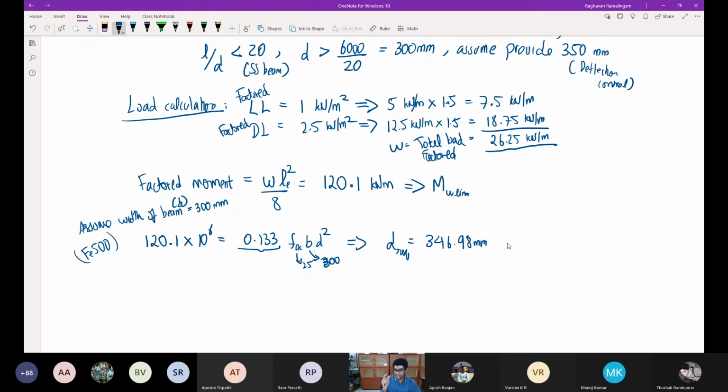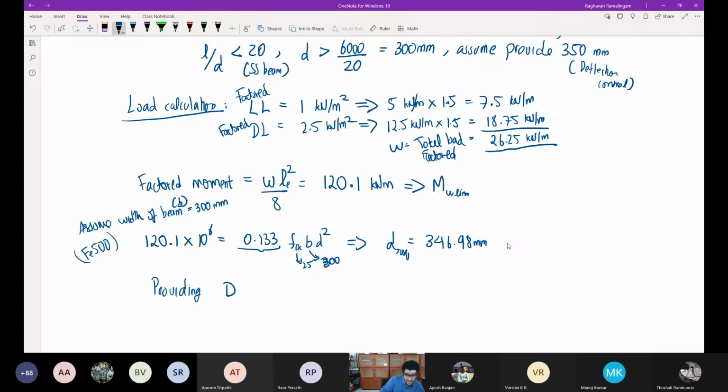We do not want our beam to become over-reinforced. So it is better to make it slightly bigger than what you get. You're no longer assuming anything, you are providing.